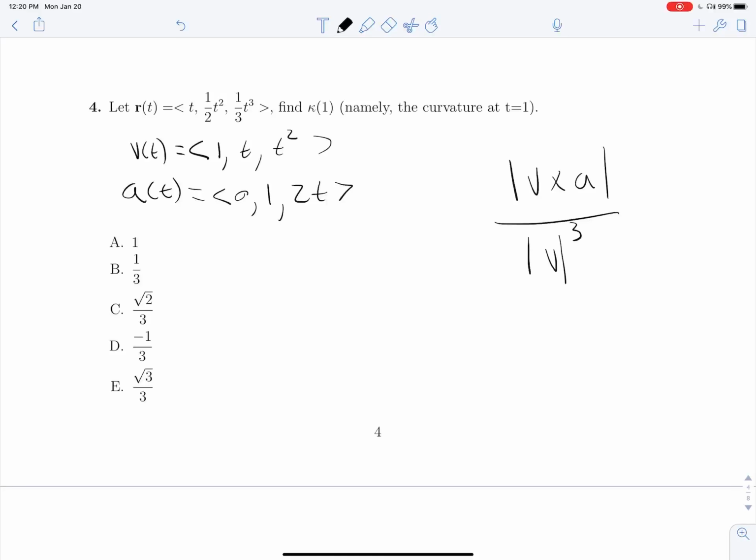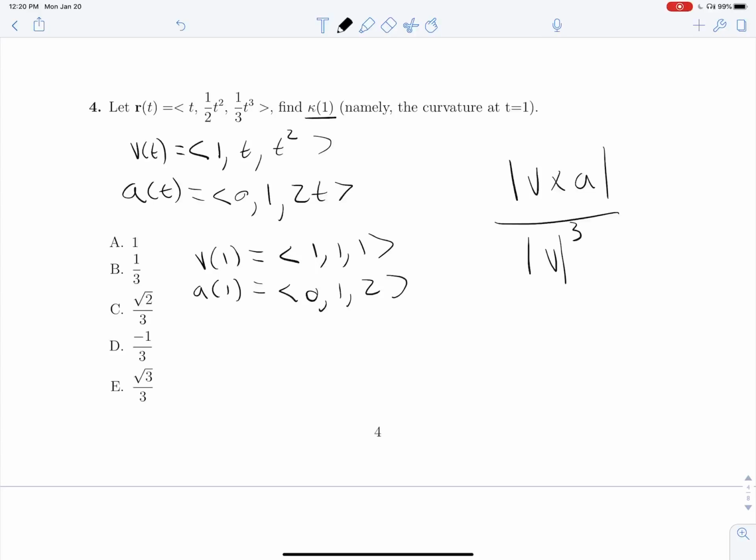We don't need to be dealing with variables anymore because we are looking for curvature at 1. If they were just looking for curvature at any arbitrary t value, then we would need to leave it in terms of t, but we can find v of 1 and a of 1 at this step, and we'll be fine. So 1, 1, 1, and 0, 1, 2 is our velocity and acceleration at that point.